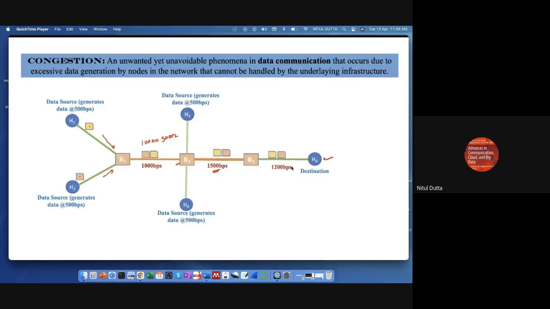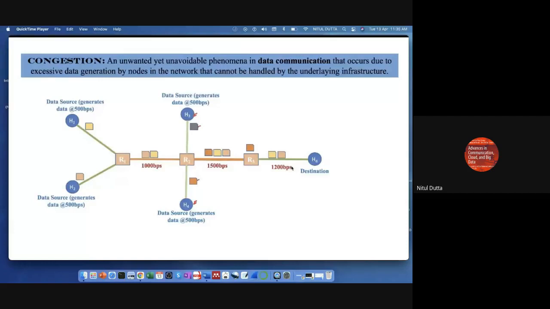Now let us see the next scenario. Suppose in the meantime, H3 and H4 have also started transmitting data, and again these are 500-bit packets. When they reach R2, we are assuming that all the packets are received at R2 together, 2 from H1 and H2 and 2 from H3 and H4.